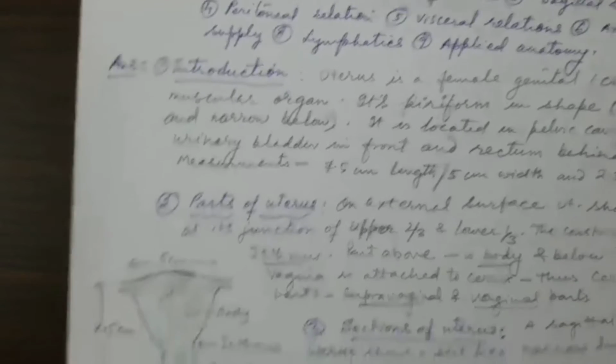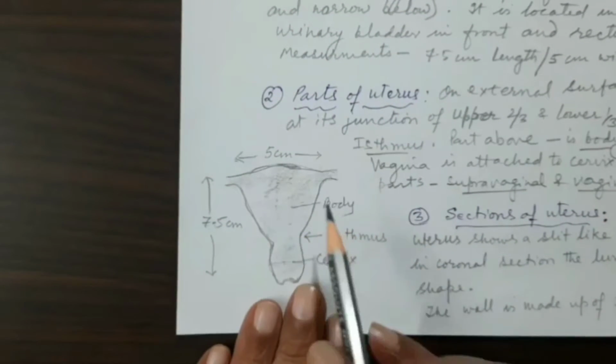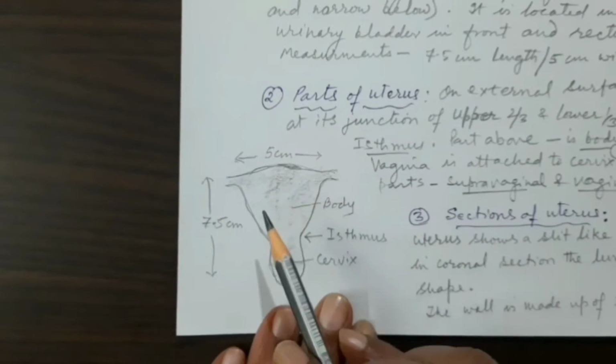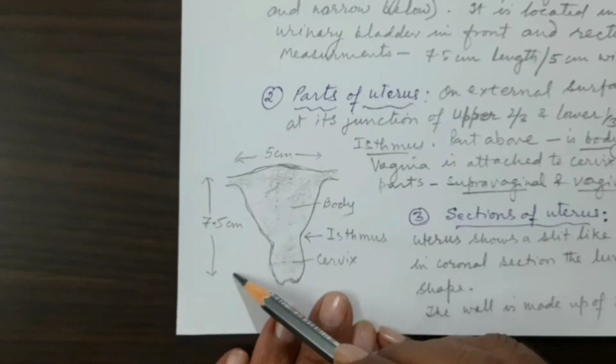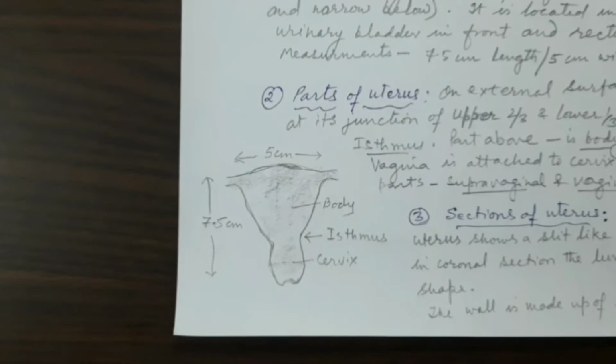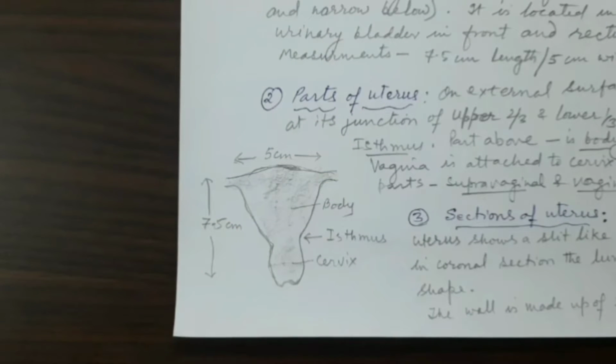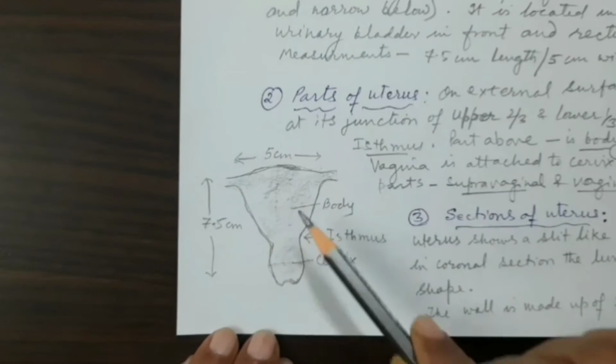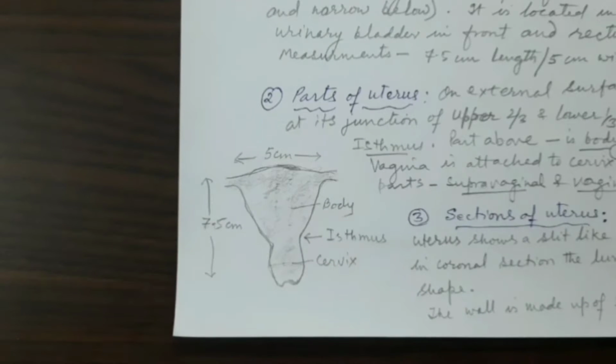If you see the measurements here, its length is 7.5 centimeters, equivalent to 3 inches. Then the width is 5 centimeters, and the anteroposterior thickness is about an inch or 2.5 centimeters. These are the dimensions of a uterus which is not bearing a child, that means there is no embryo or fetus within the cavity of the uterus.